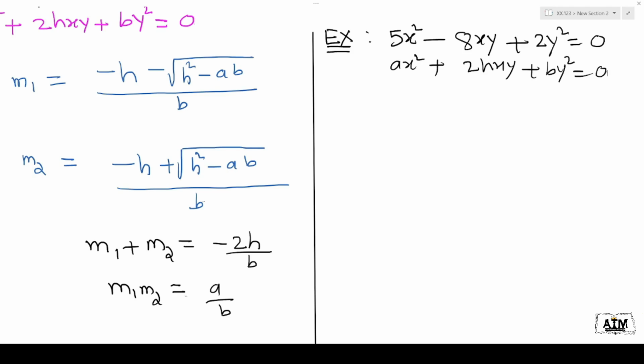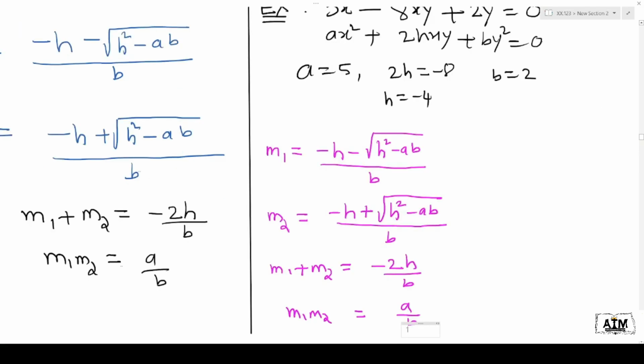For example, 5x square minus 8xy plus 2y square equals to 0. These are a pair of lines passing through the origin, and a equals 5 and 2h equals minus 8. Therefore, h equals minus 4 and the b value equals 2.